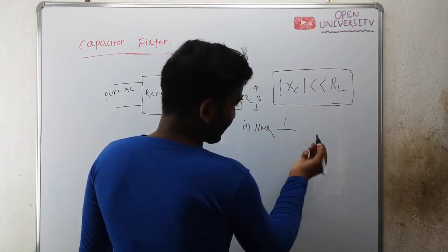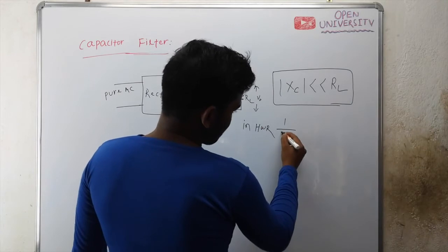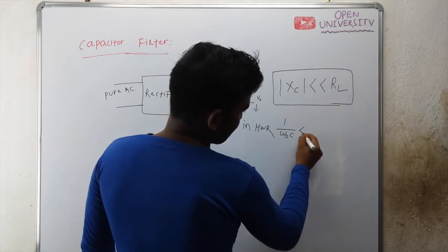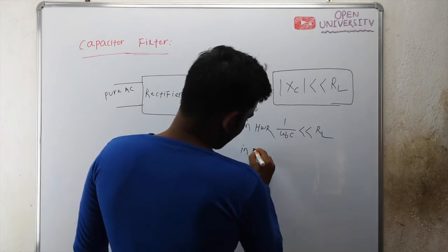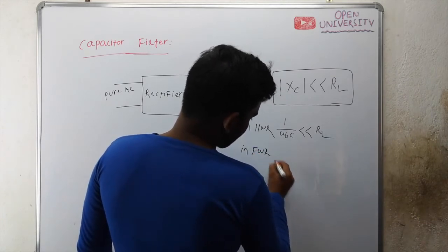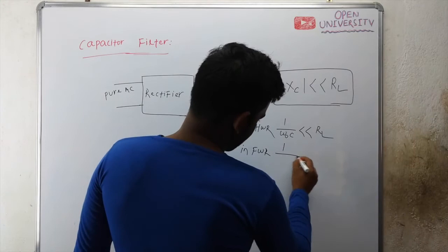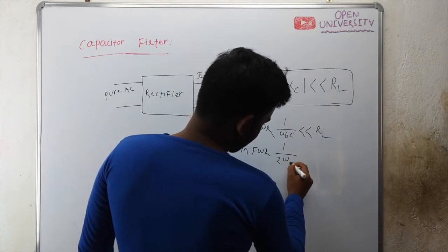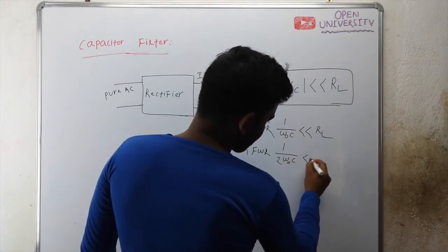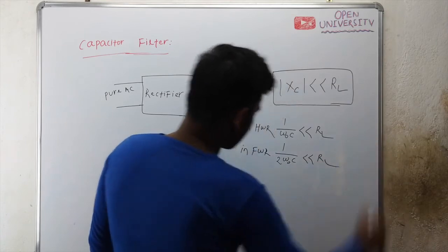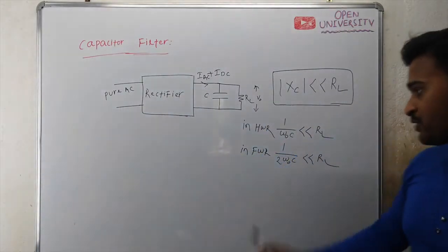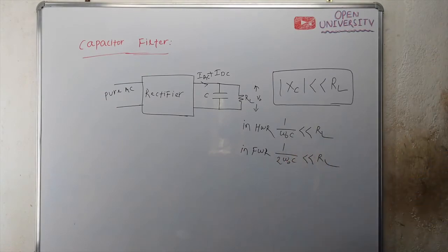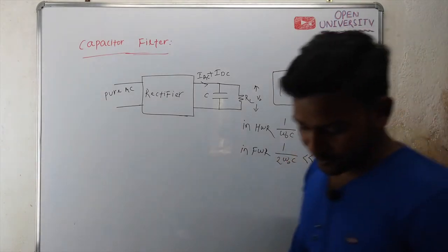XC is 1 by omega C, so 1 by omega naught C has to be much smaller than RL. In case of a full wave rectifier, the ripple frequency is 2 omega naught, so 1 by 2 omega naught C has to be much smaller than RL. This is the condition of half wave rectifier with capacitor filter and full wave rectifier with capacitor filter.